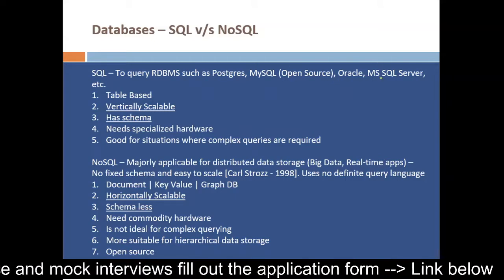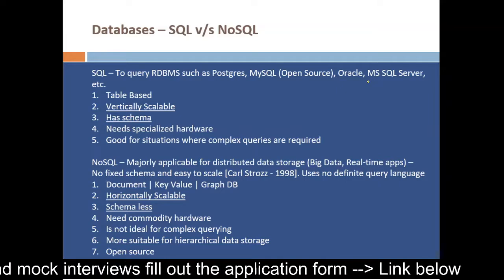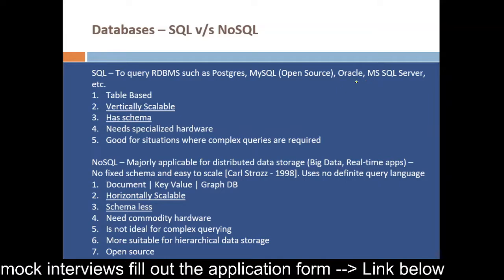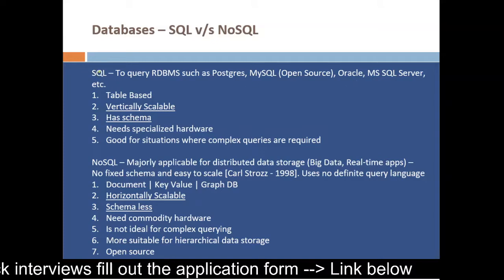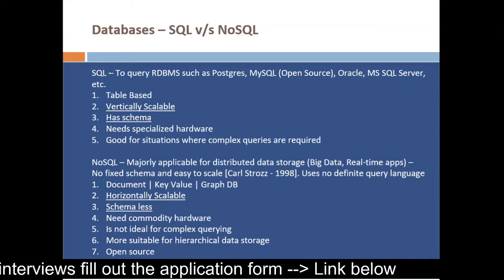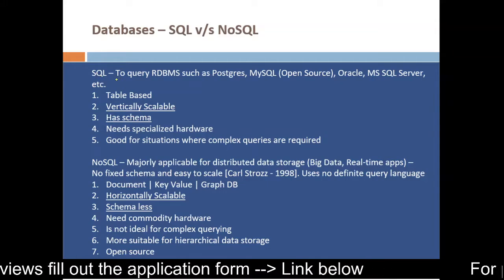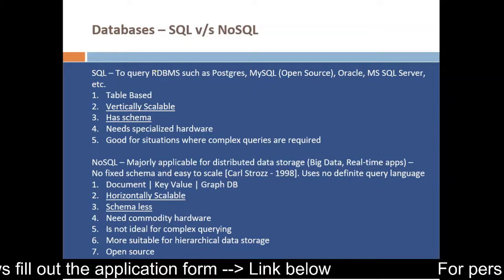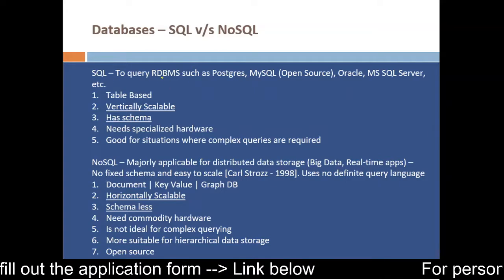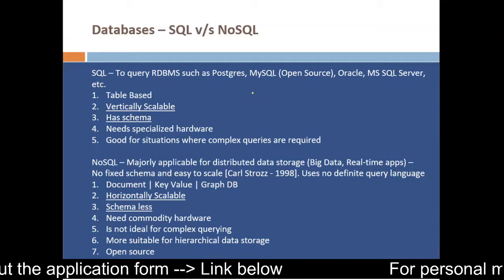You have Oracle, you have MS SQL Server, and certain other such kinds of databases, right? So the full form of SQL is structured query language. So this is a query language that is used to fetch the relevant information from any of these RDBMS storages, like any of these particular databases, right?